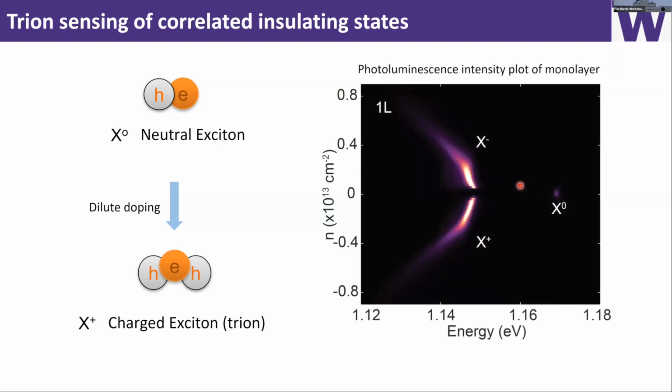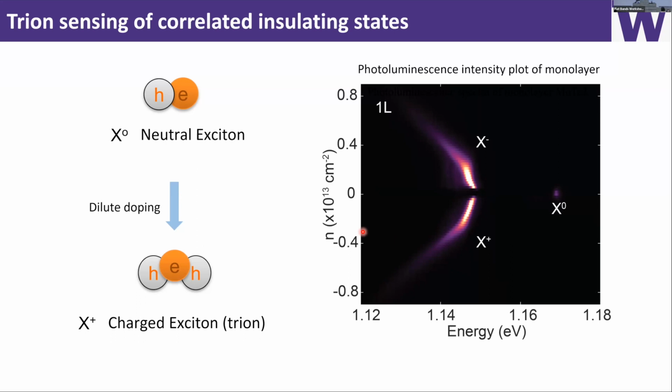We can measure this PL as a continuous function of doping. The vertical axis is doping, horizontal is energy. At charge neutrality you just see exciton. Then as you dope the system, you see trions, either negatively or positively charged. What's important is that the intensities and energies evolve continuously with doping density for these monolayers.